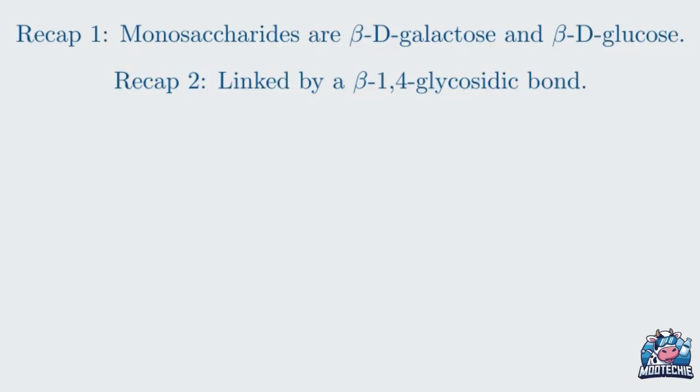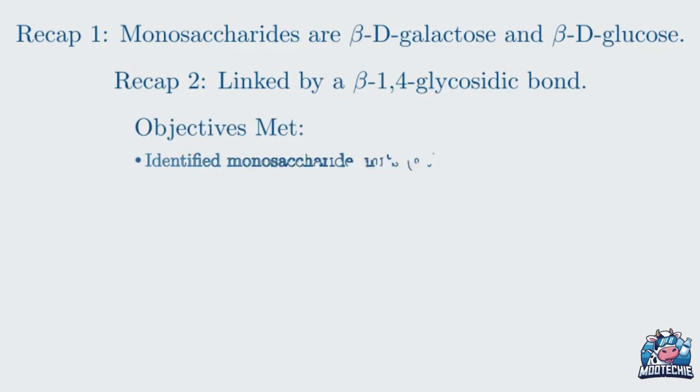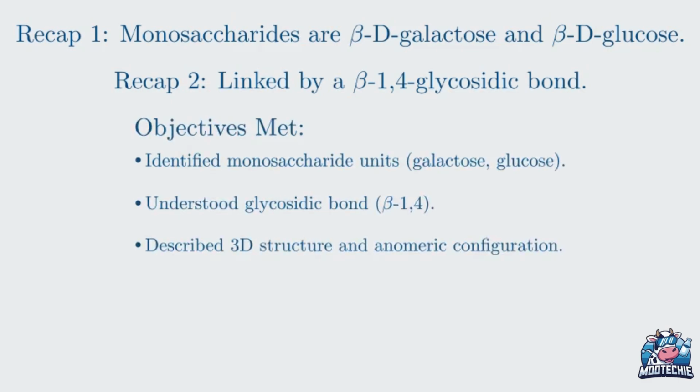It's a beta bond because it originates from a beta-configured anomeric carbon on the galactose, and it's a 1,4 bond because it connects C1 of galactose to C4 of glucose. Finally, we assembled the complete structure, visualizing the beta-1,4 linkage bridging the galactosyl and glucose rings. We also noted that the glucose end remains reducing. So, we have successfully met our learning objectives. You can now identify the components of lactose, understand its unique bond, and visualize its structure.